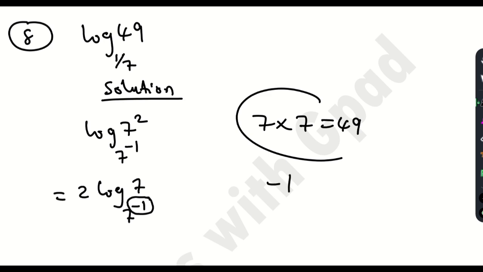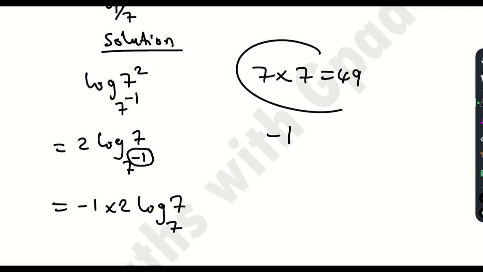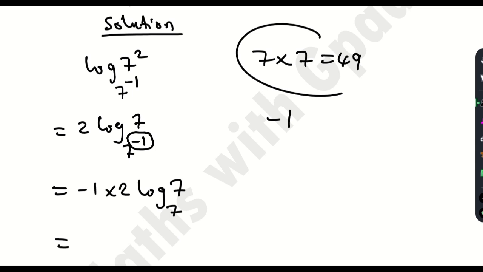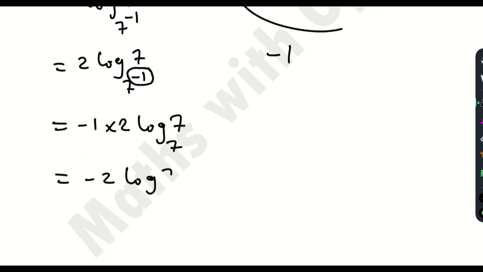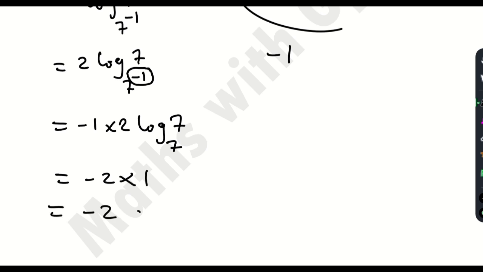So I'm going to multiply the 2 here by -1. So you have -1 times 2 log 7 base 7. And -1 times 2 is -2. Then log 7 base 7 is 1. So I can just remove this and write 1 here. So times 1, which is -2. So that is the answer to that.